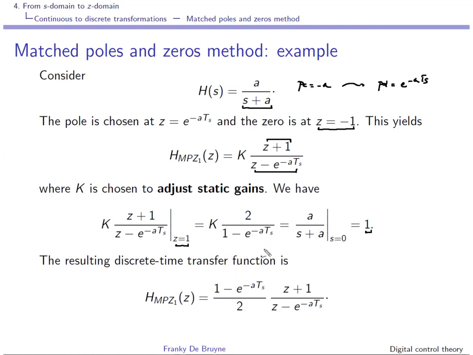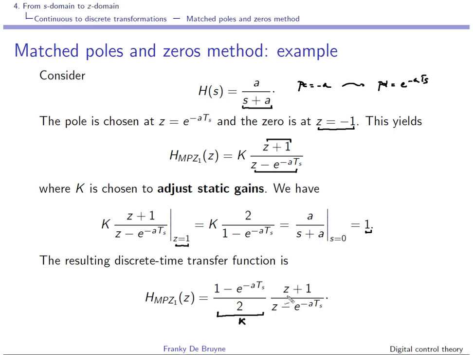So without too many difficulties, you see here that this is the k that you have to choose. This results in a transfer function where the degree of the numerator is 1, and this is also equal to the degree of the denominator, right?